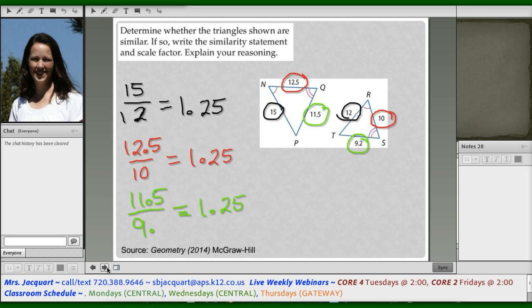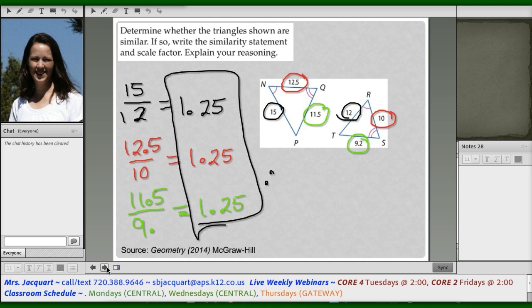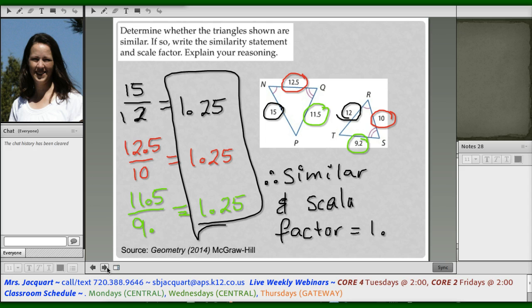And because all of these work, therefore, similar. And the scale factor is 1.25.